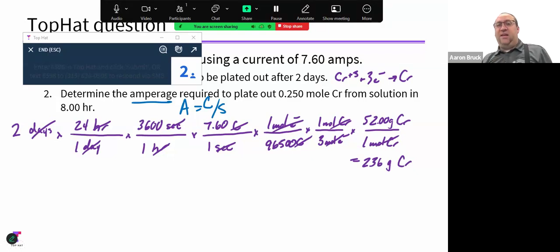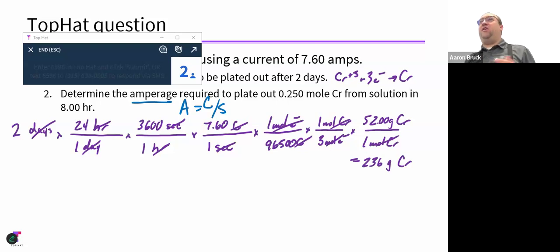And so what I should be able to realize relatively quickly is that I'm not going to be able to get coulombs and seconds in the same calculation series, because I've got two different things I need to do. I need to turn the moles of chromium into coulombs, and I need to turn the hours into seconds.